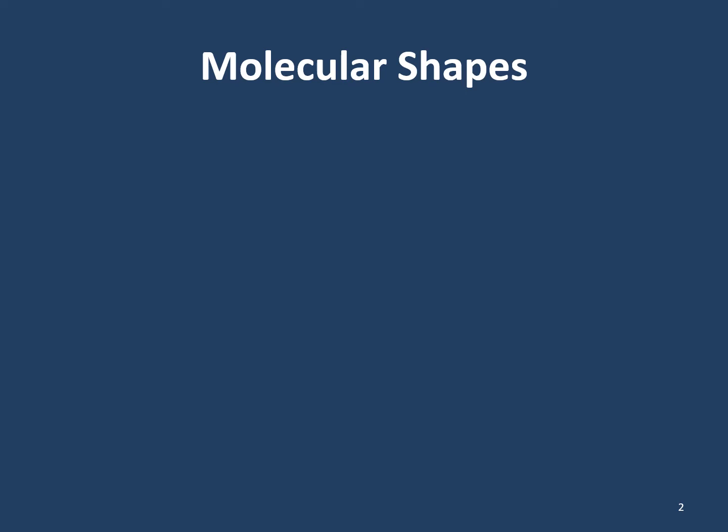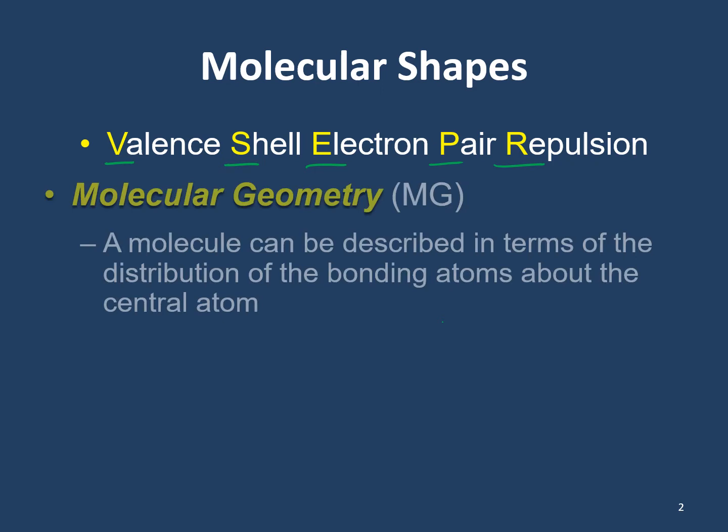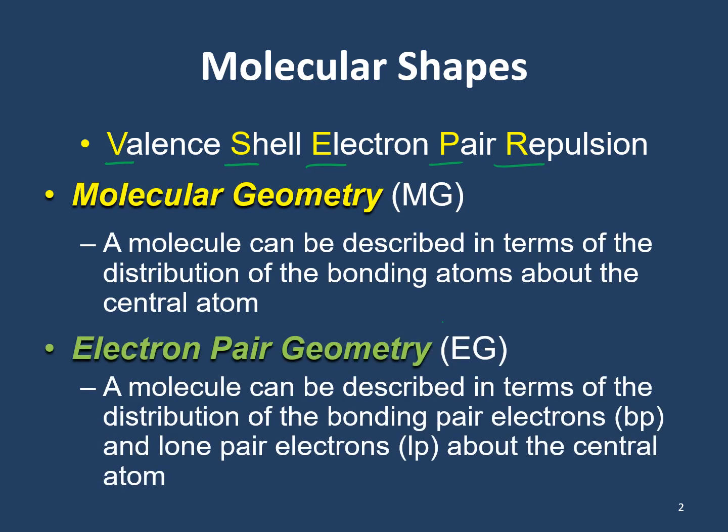Now, molecular shapes are predicted by what we call VSEPR, for valence shell electron pair repulsion theory, or VSEPR for short, as an acronym. Now, VSEPR predicts two different types of geometries: molecular geometry and what we call electron pair geometry, or what I like to call, instead of pair here, electron group geometry.